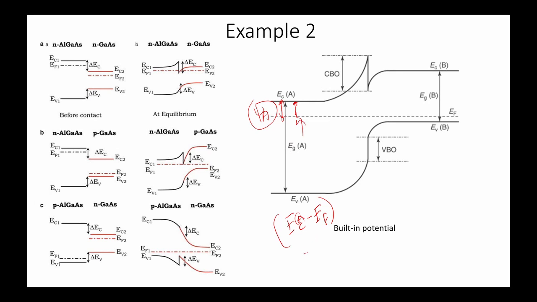We know how much our semiconductor is doped. And this one, since this is an n type semiconductor, is phi n.